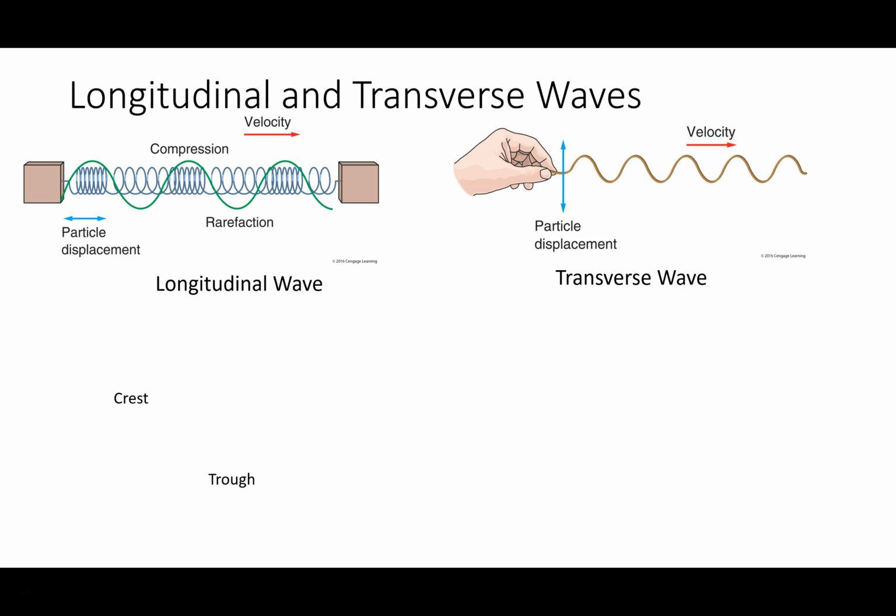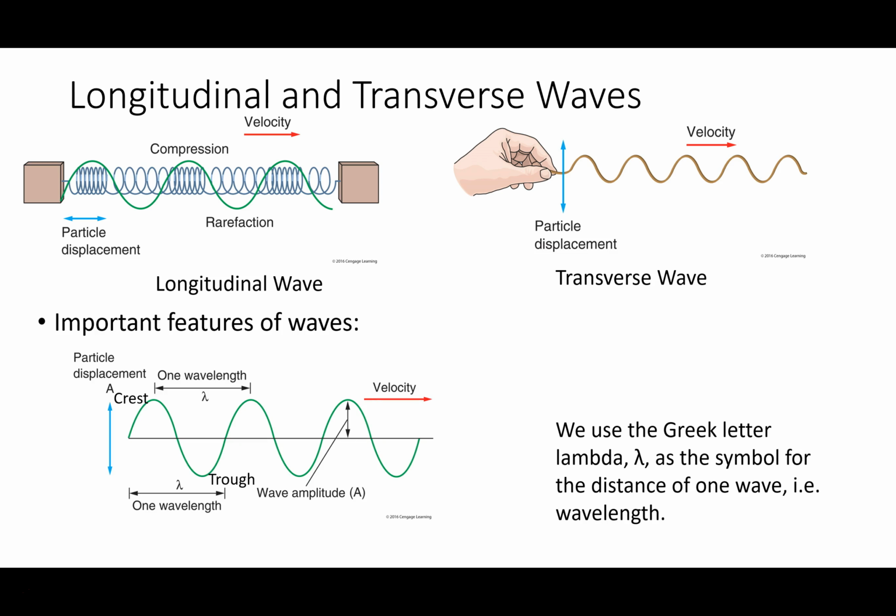The direction that the wave is moving is equal to the direction of the relocation of the particle. This summarizes it again. Crest to crest is the wavelength. I'm going to want you to be able to write that cute little Greek letter like that.